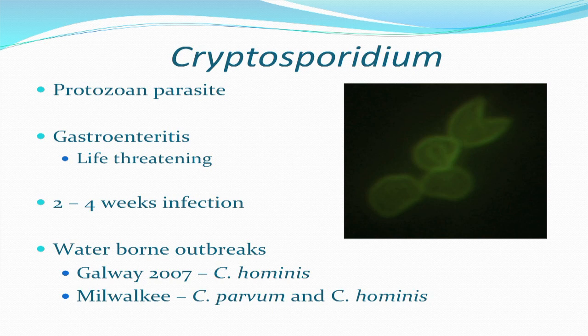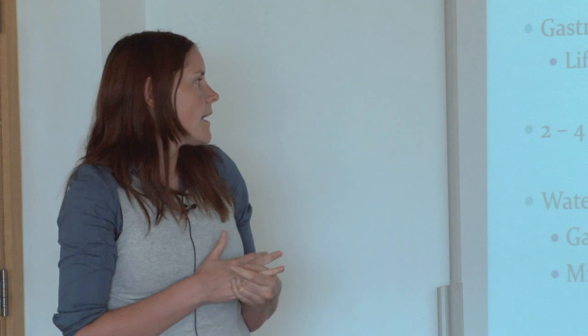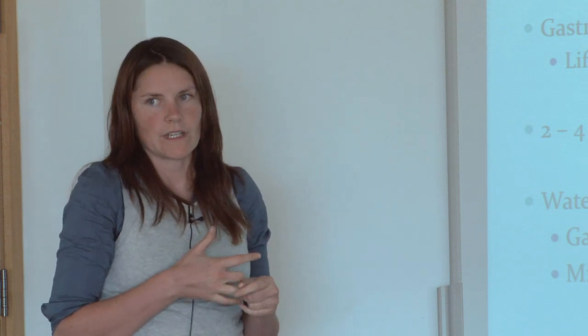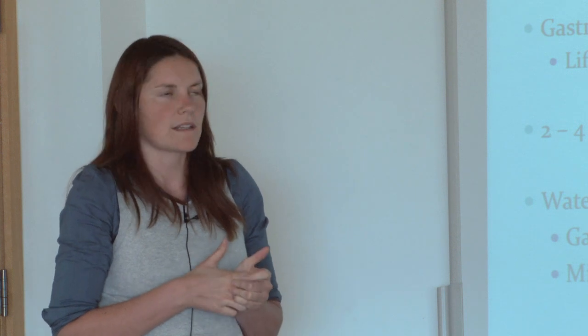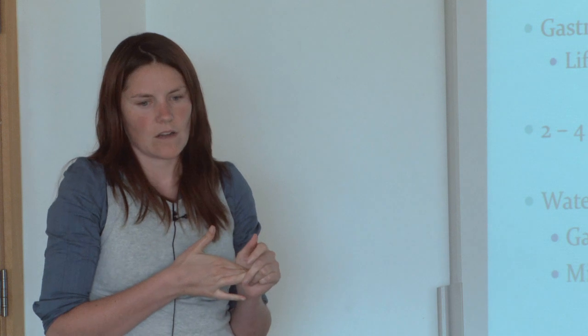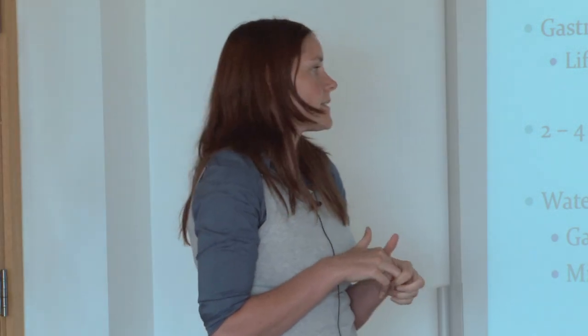In healthy patients or patients with a properly functioning immune system, symptoms can last for 2 to 4 weeks. However, in immunocompromised individuals, maybe AIDS or cancer patients, the condition can last longer, and it has been known to be life-threatening in certain circumstances.